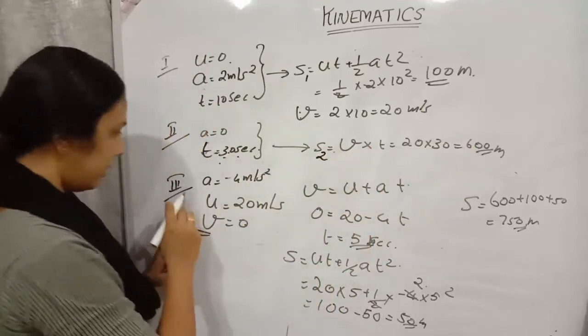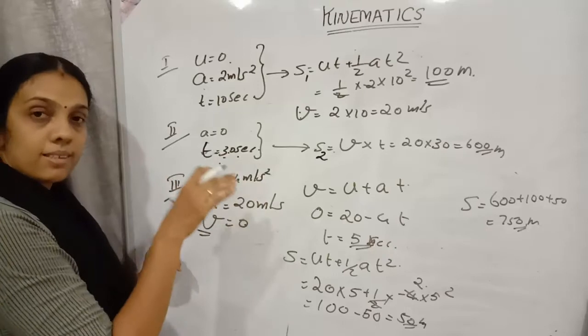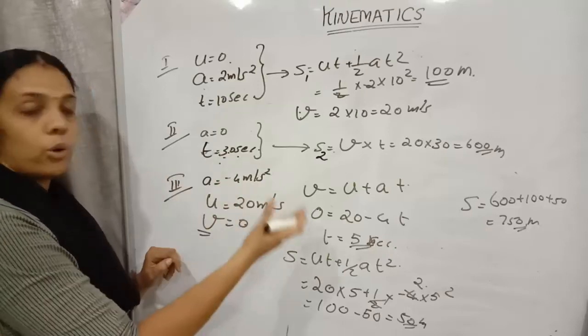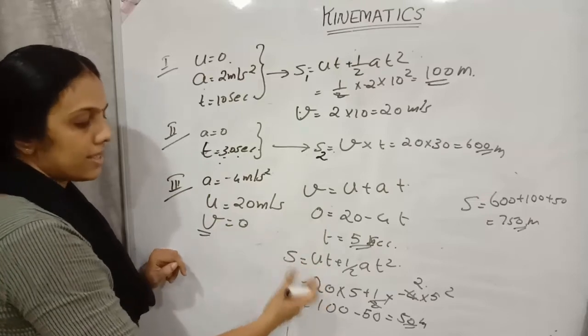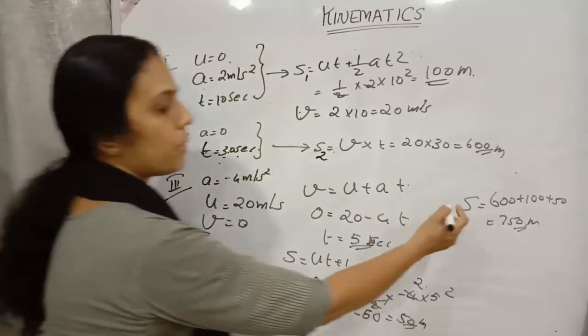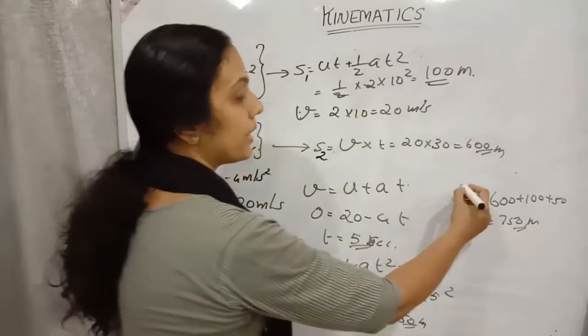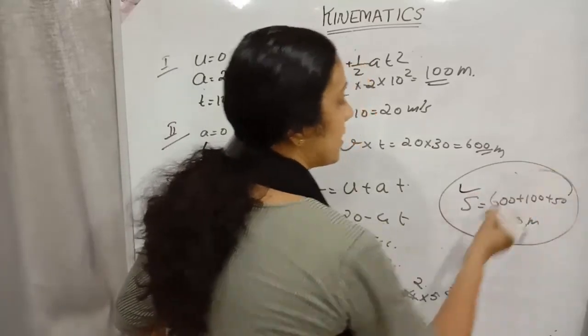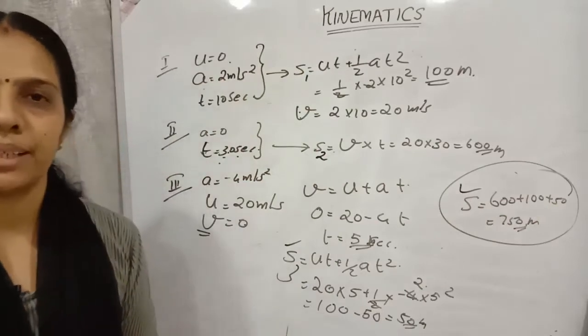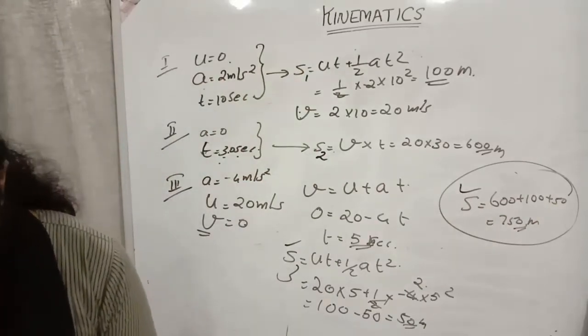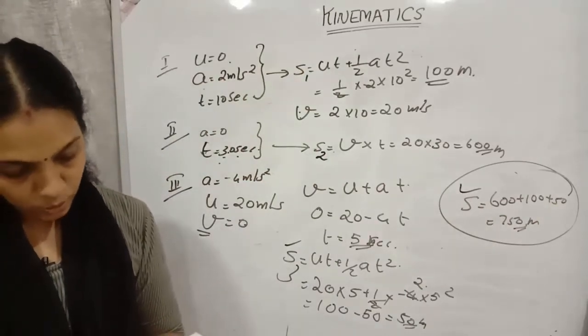Then it starts decelerating, and how long it travels is not given, so we can find the time, then substituting with the speed, we get the distance. The total distance is 600 plus 100 plus 50. The answer is 750 meters. Clear? The next question we will do as homework.